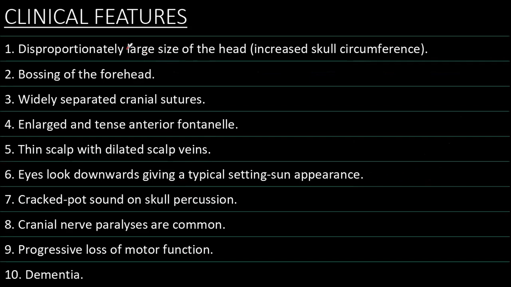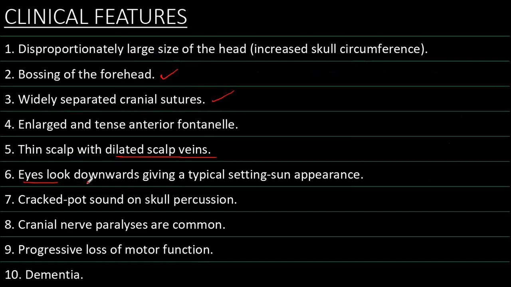Now, how does it present clinically? Let's discuss these. There is a disproportionately large size of the head, increased skull circumference. Then there'll be bossing of the forehead. Then the sutures will be widely separated. The anterior fontanelle is enlarged and tense. Then the scalp is thin with dilated scalp veins, which are even visible.